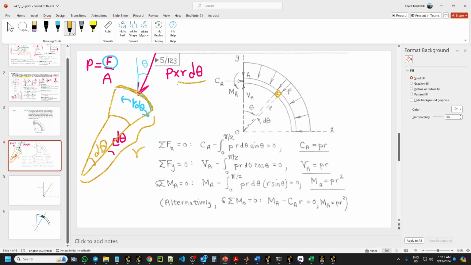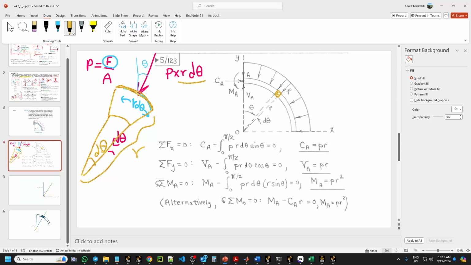R d theta is the length. So now tell me how much is the angle between this force and the y-axis.